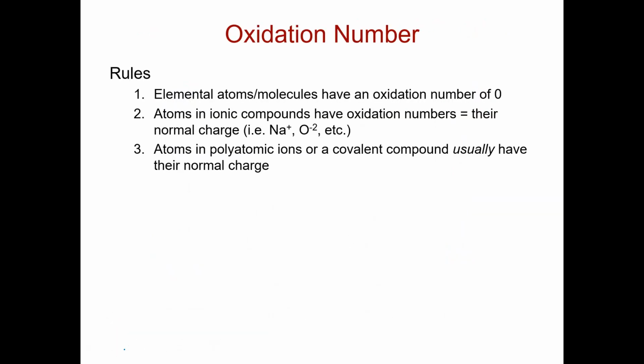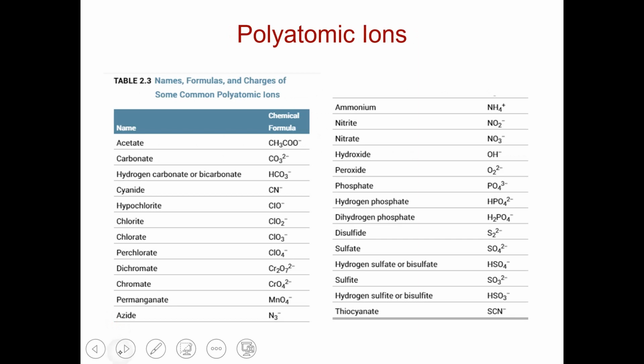Atoms in a polyatomic ion or covalent compound will usually have their normal charge. There are exceptions to that. So, for example, if we look at the polyatomic ions, so you can't forget those yet, or ever, they will have their normal total charge.